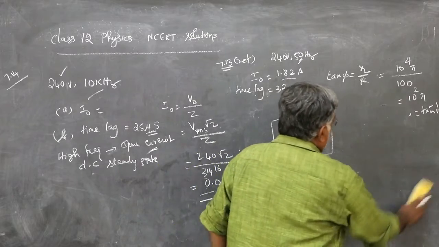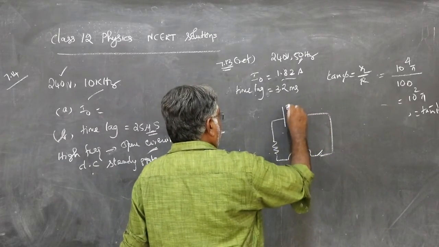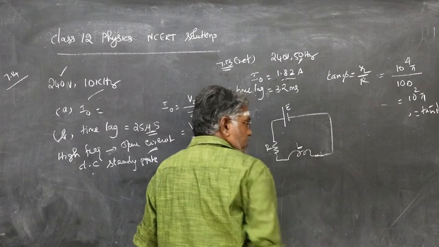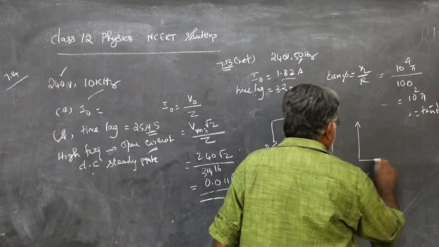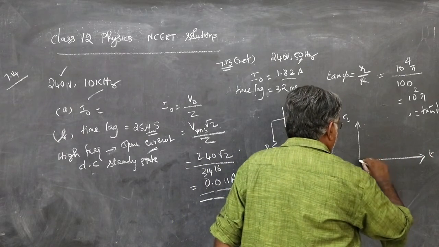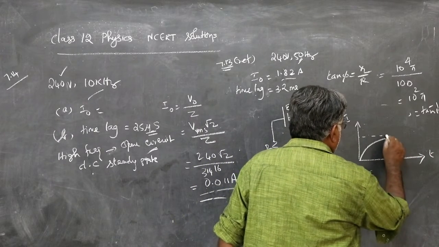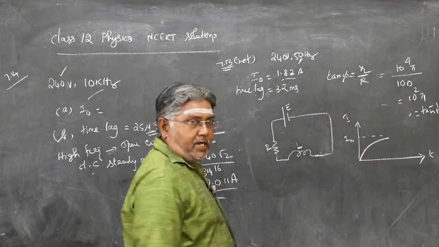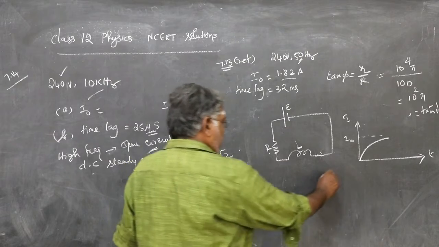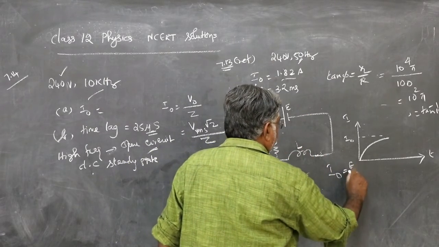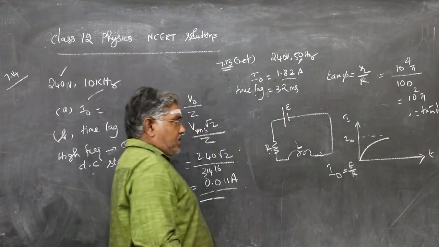So suppose you take this as E, this as R, inductance value L, you close the circuit, current grows. It's a transient current, current grows to a steady value. This steady or final value you can call I naught. I naught is equal to E by R, the steady value of the current.